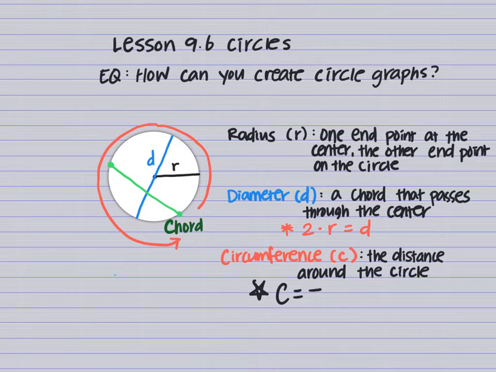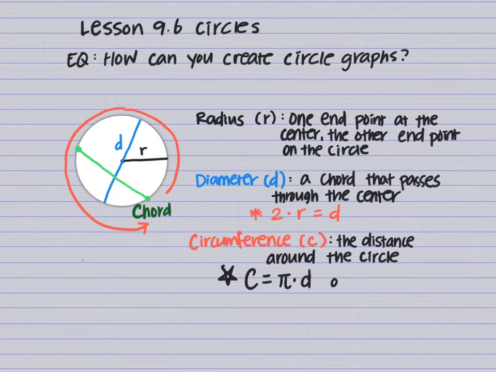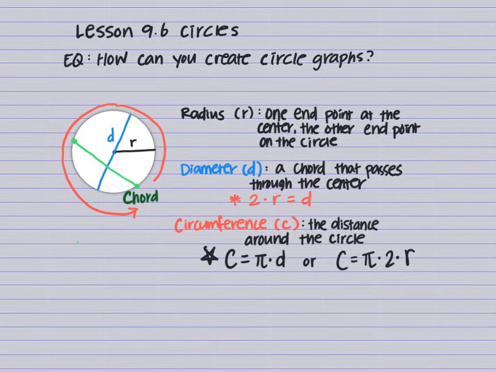So it's either C equals pi times diameter, or C equals pi times 2 times the radius. A lot of times, if you see it in different places, you're going to see 2 times pi times r, which is really the same thing.